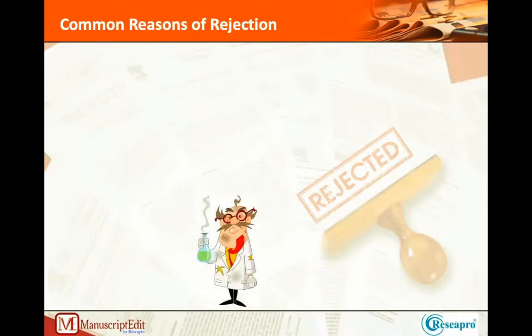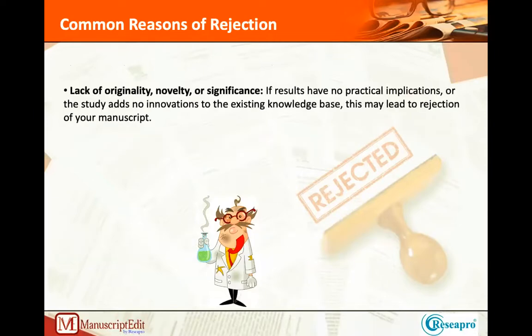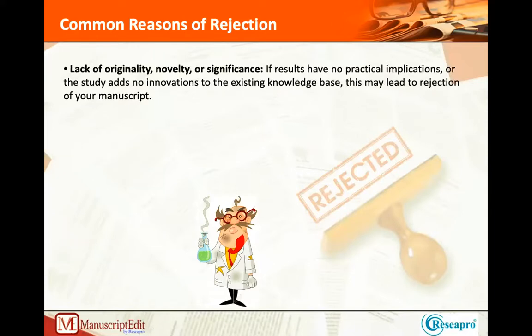Now, what are the common reasons for rejection? First is lack of originality, novelty, or significance. Novelty and unobviousness are the primary criteria that an editor of a scientific journal stresses upon the most.